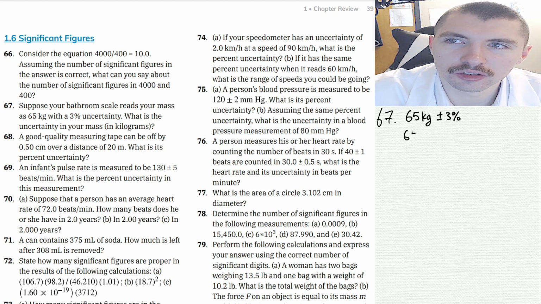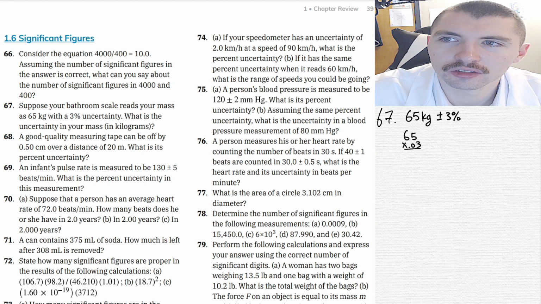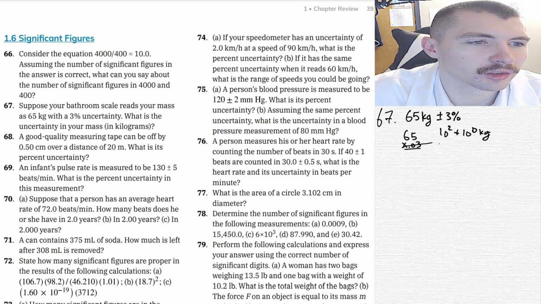Okay, so you're just going to take 65 times 0.03. So we're just going to say 10 to the 2 plus or minus 10 to the 1, 10 to the 0. There's your uncertainty.